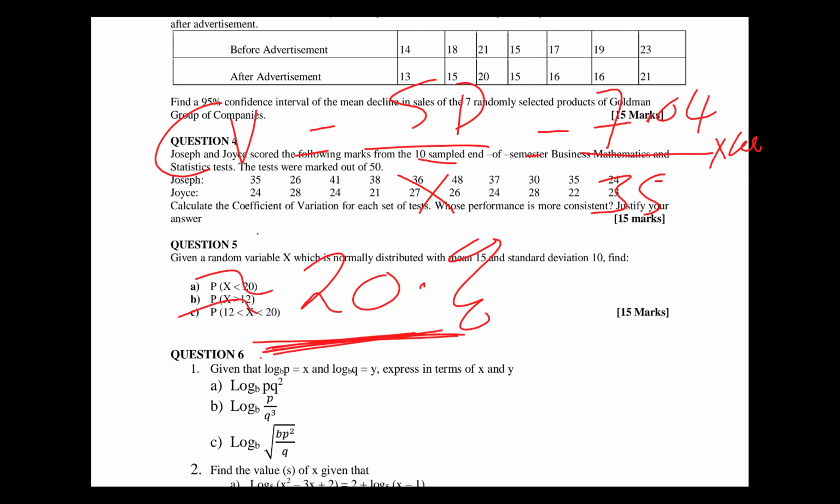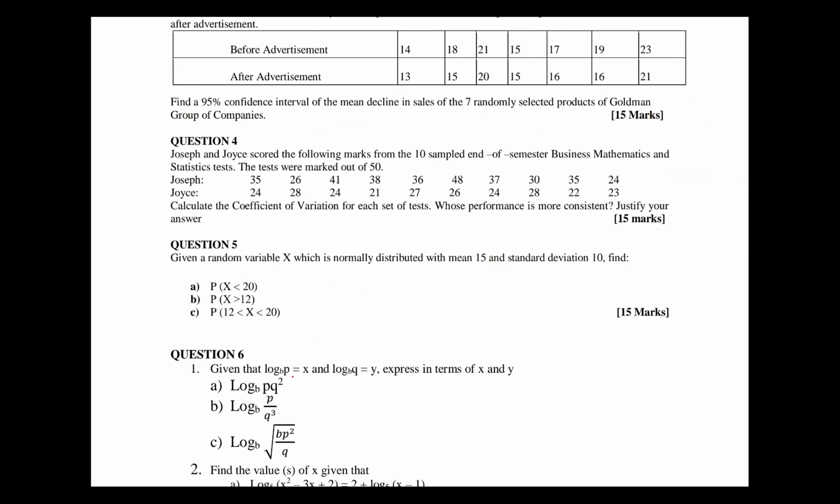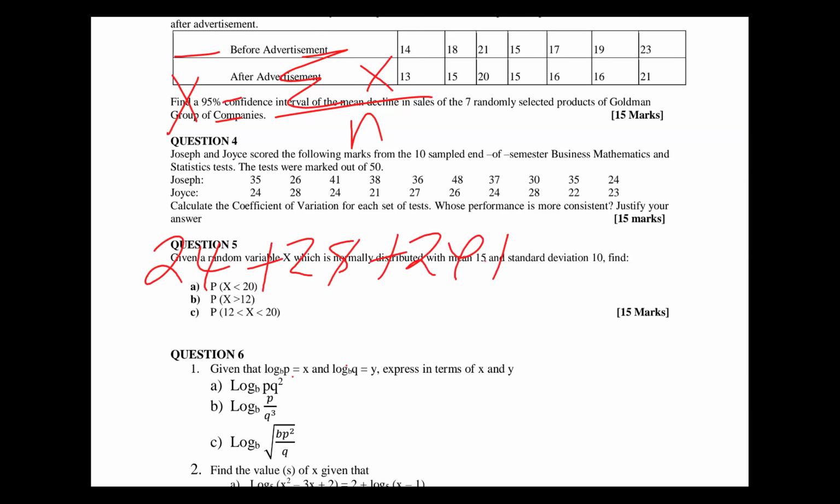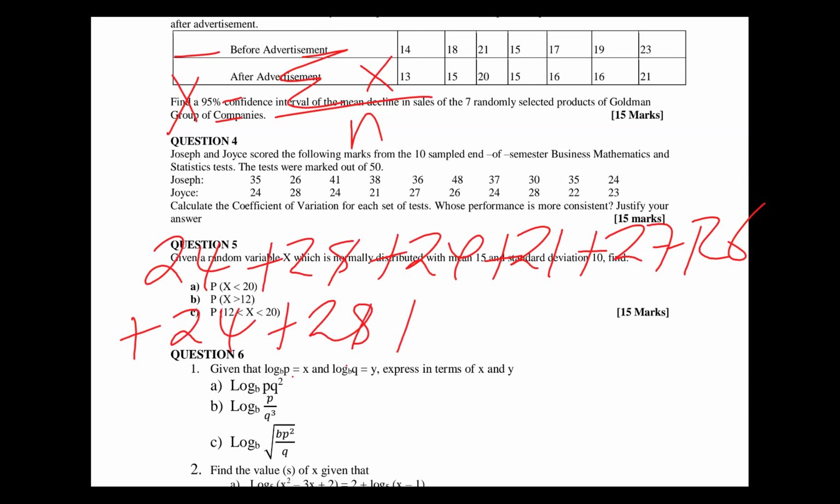Yes. Okay. Let's go to the one for Joyce. Before we pass comments, we have to go for Joyce as well. We start with the mean. The mean is the summation of all the scores divided by n. So you say 24 plus 21 plus 27 plus 26 plus 24 plus 28 plus 22 plus 23.